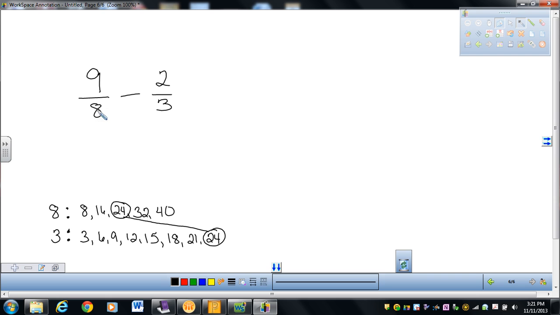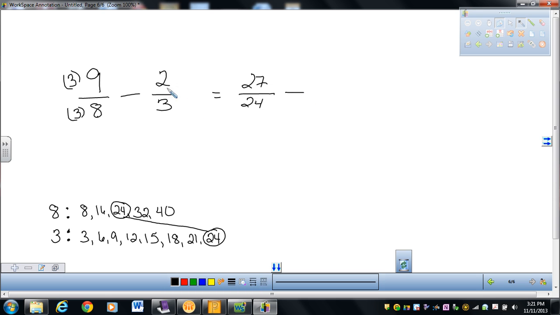Well, how do I make the 8 24? Well, I can multiply it by 3. And what I do to the bottom, I do to the top. So this first one is going to be 8 times 3 is 24, and 9 times 3, which is 27.